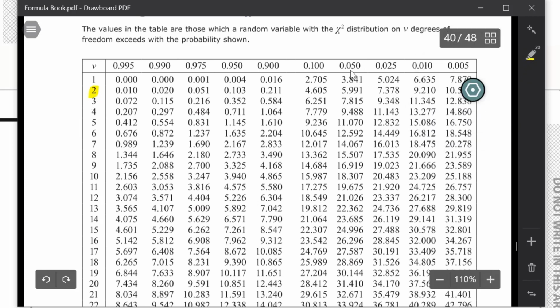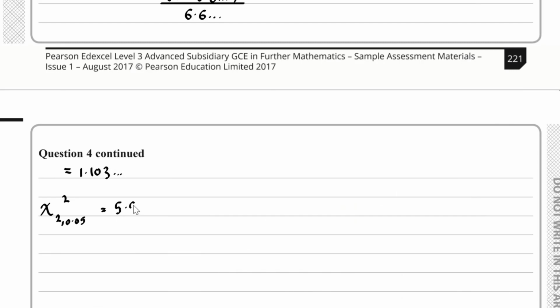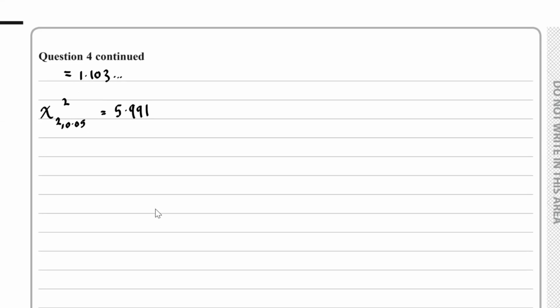We're looking at the 5%, so that critical value turns out to be 5.991.